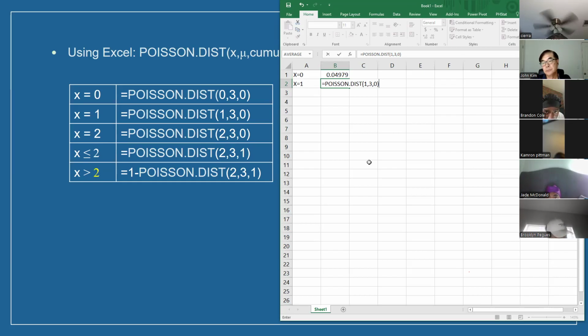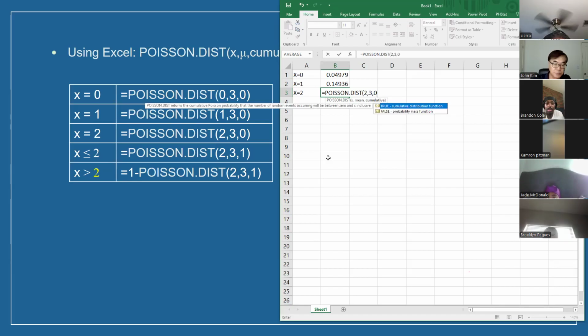And then X equals 2, equals Poisson distribution 2, 3, 0, enter.